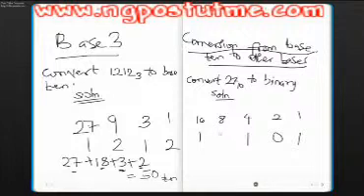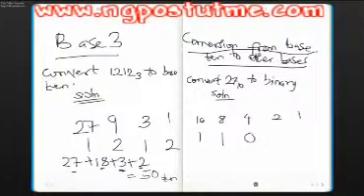I'm sorry, let me quickly remove this error so that you don't study error. Now in 11, how many 8 can I see in 11? 1, leaving behind 3. 4 is too big for 3.